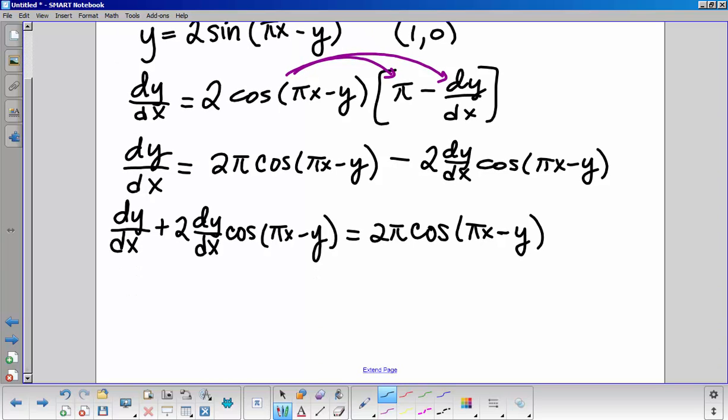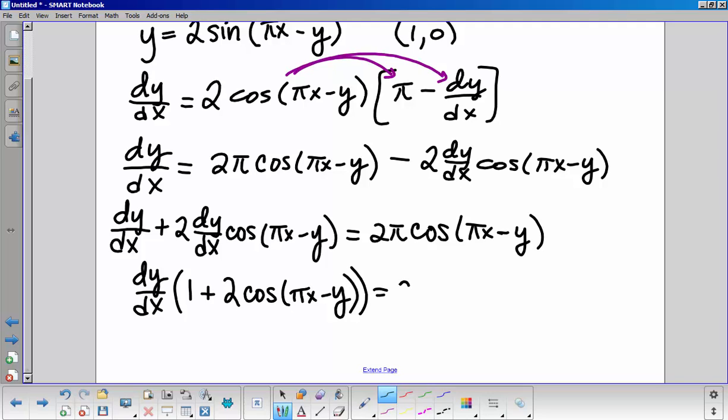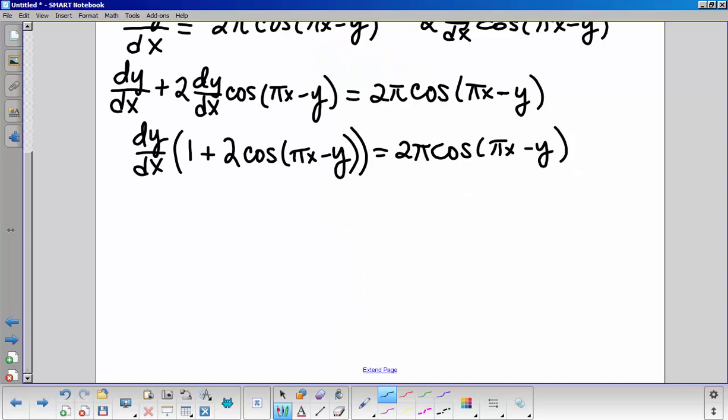Everybody got that? And now what are we going to do on the left side? Factor it out. That's right. So this is dy dx times 1 plus 2 cosine of pi x minus y. Divide by this?